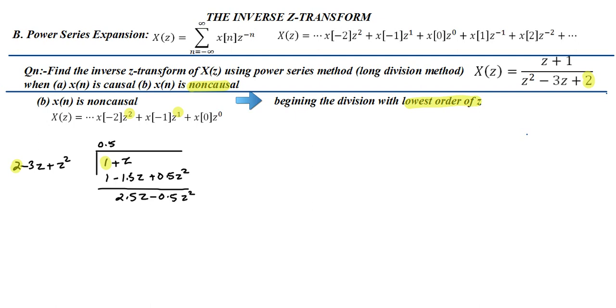Now I divide the first term, and you will get plus 1.25 z. If you multiply with the term, you will get 2.5 z minus 3.75 z square plus 1.25 z cube. Now I need to subtract.